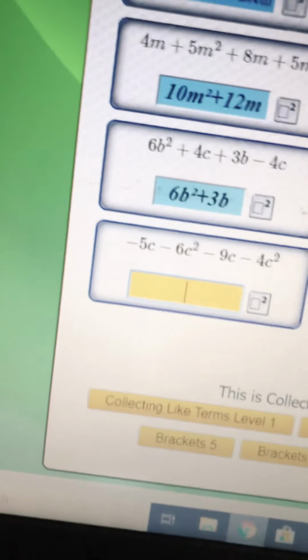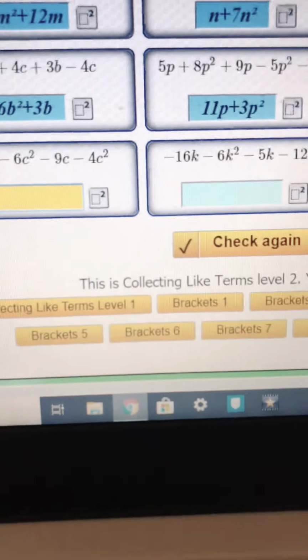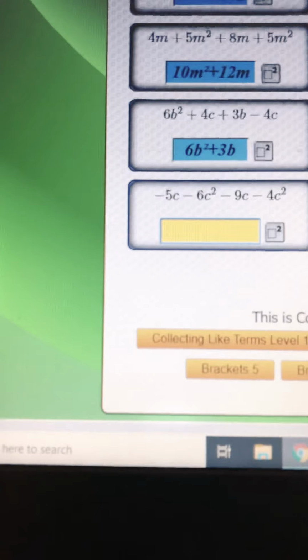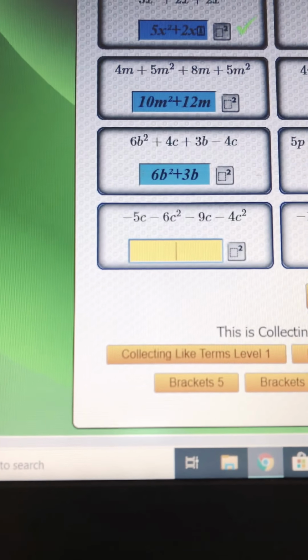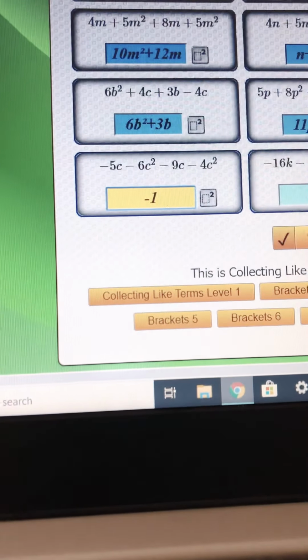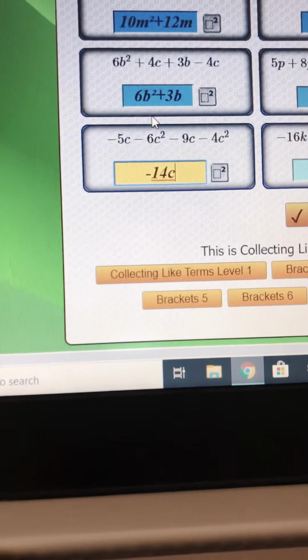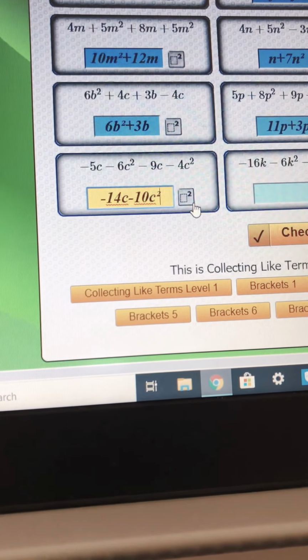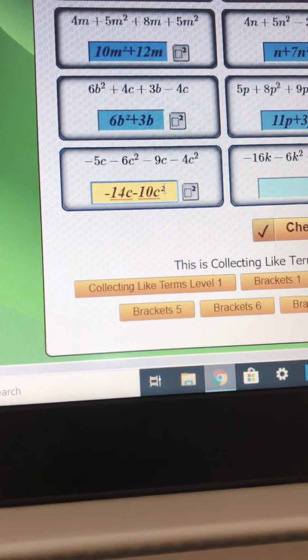Now, I've already done quite a few of these, and the simpler ones, so for anyone who doesn't have any idea what I'm talking about, I'm sorry I did all of these. You just look up someone more interesting, like Stand Up Maths, I guess, but I don't care. So we got negative 14c minus 10c squared. You see the 2 up there, that's cute.